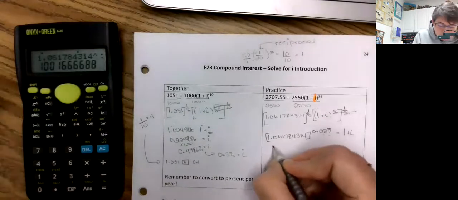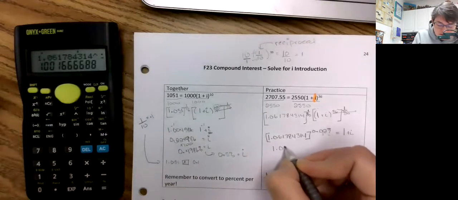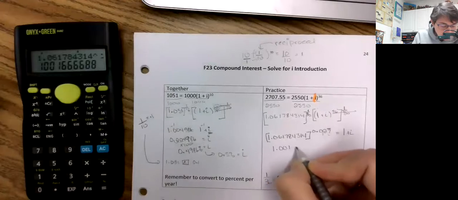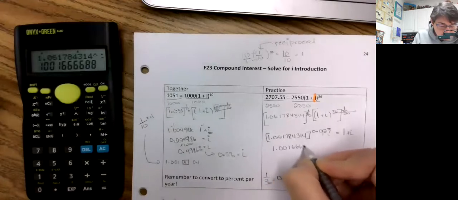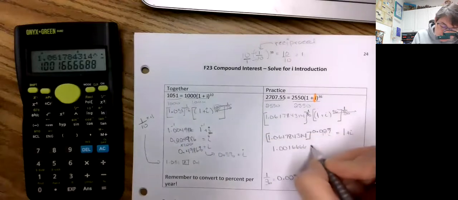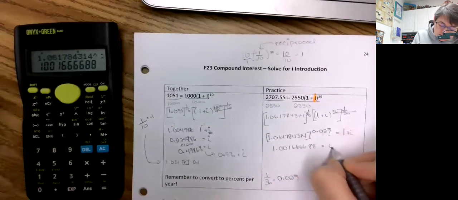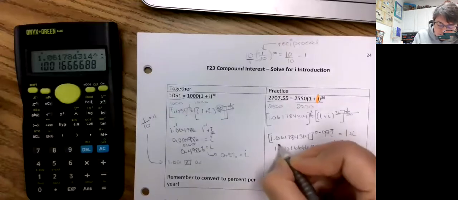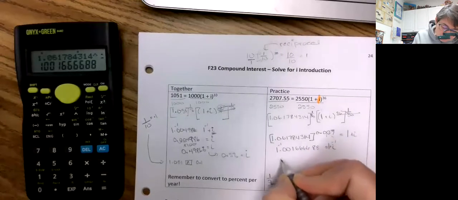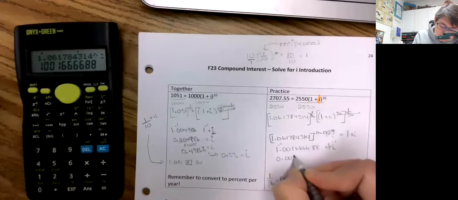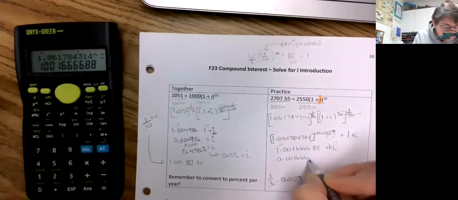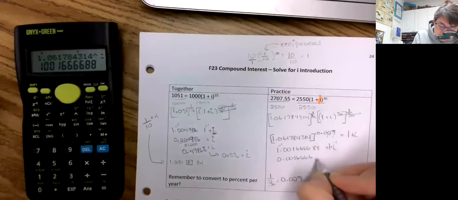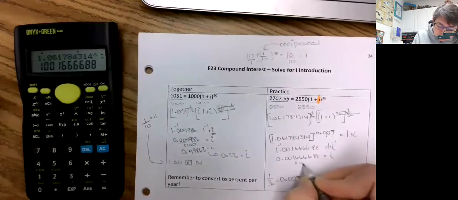So that's going to give me 1.00166688 is equal to I. Oopsie, 1 plus I. So minus 1, 0.001666. There's 4 of them. 88 is equal to I times 100.